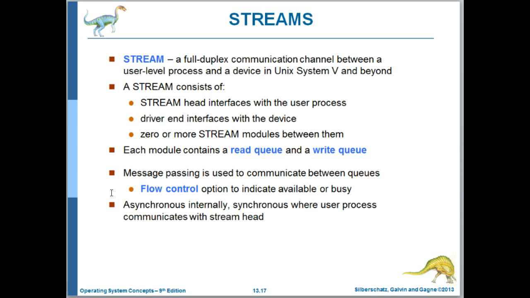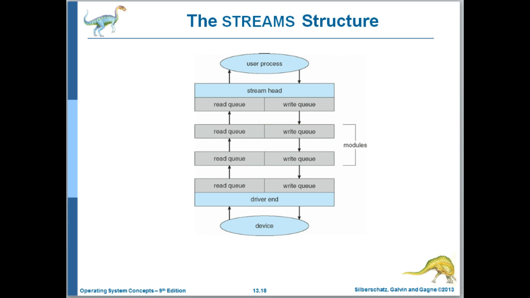It's not necessarily the case, particularly if streams involve hardware devices that have limited buffer sizes, so it's possible for a downstream module to tell an upstream module to throttle its output. So here's a figure illustrating the idea.